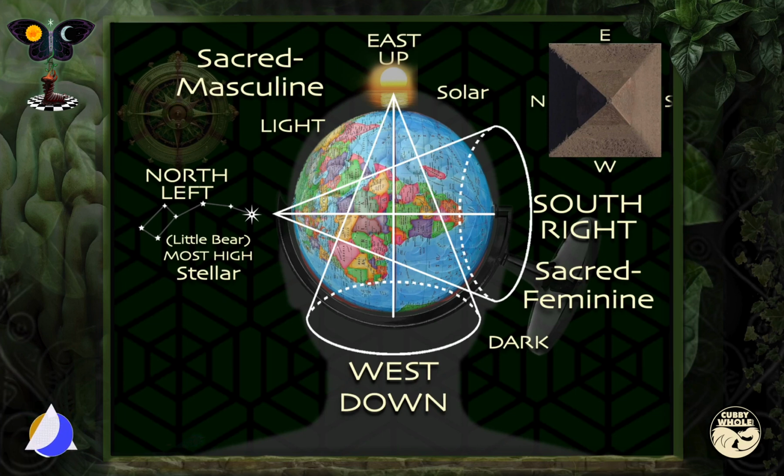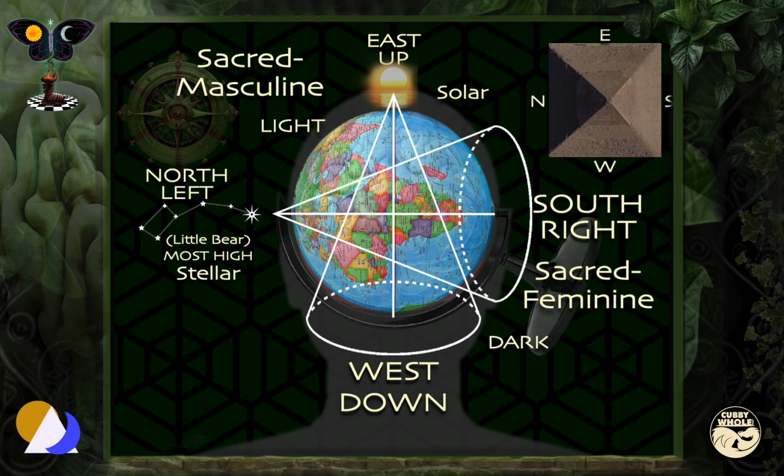But there's a lot more to this. And I put the bird's eye view of the pyramid to show the 4 directions, or 4 corners of the earth. And this is how we can understand the 4 corners of the earth, because the pyramids are a directional map, okay, with the 4 directions.